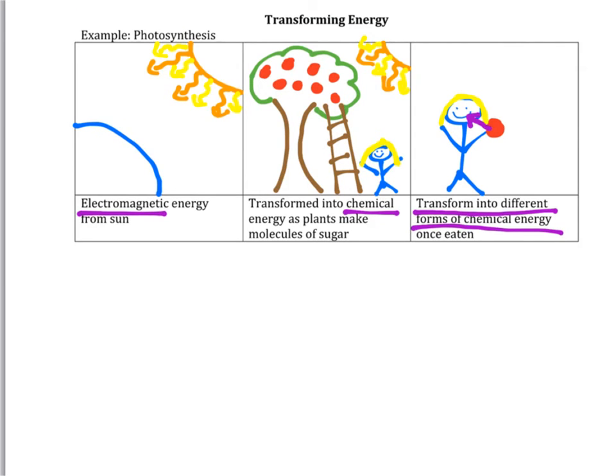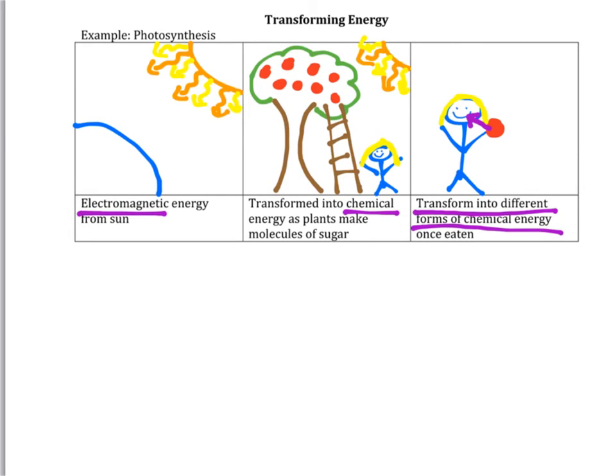In addition to acknowledging the different types of energy that we will discuss in this year, we also need to acknowledge that energy, because it is neither created nor destroyed, rather simply transformed, we need to talk about the process of transforming energy. And an example is the process of photosynthesis, which we know is something that occurs in plants.